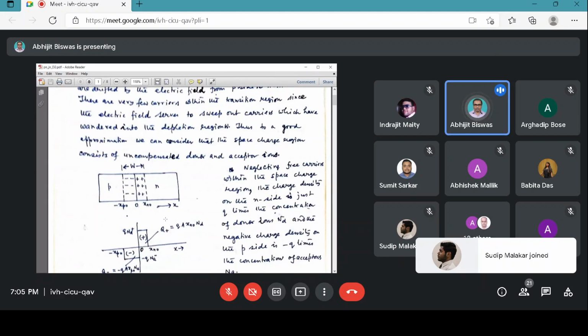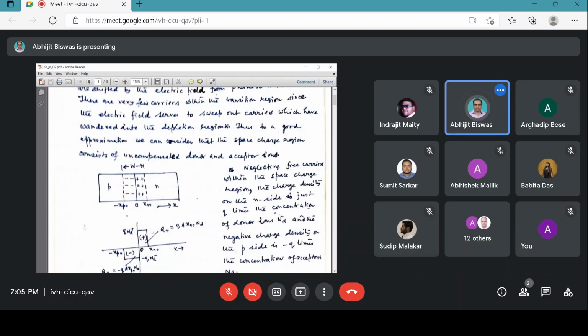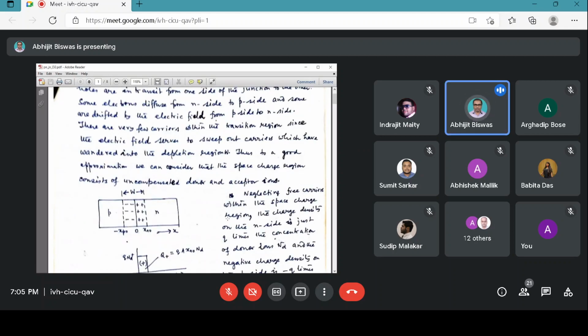So the depletion region actually exists from x equal to minus xp0 to x equal to xn0. This width is denoted by W. Beyond W is the neutral region: on the right hand side the neutral n region, and on the left hand side the neutral p region.